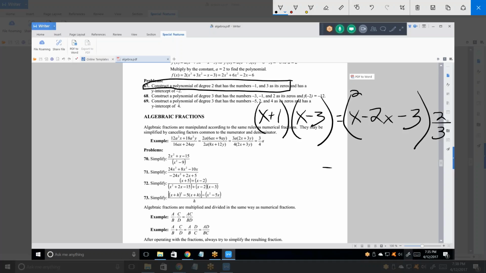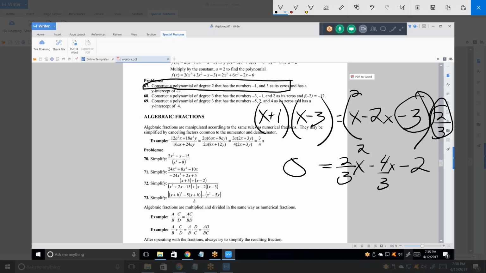And in fact, this is the answer. 2/3 x squared minus 4/3 x minus 2. In other words, when I multiply that times that, it becomes -2. And this polynomial that I came up with, I can still say it's equal to 0, because it was equal to 0 originally, and all I did was multiply both sides by 2/3.